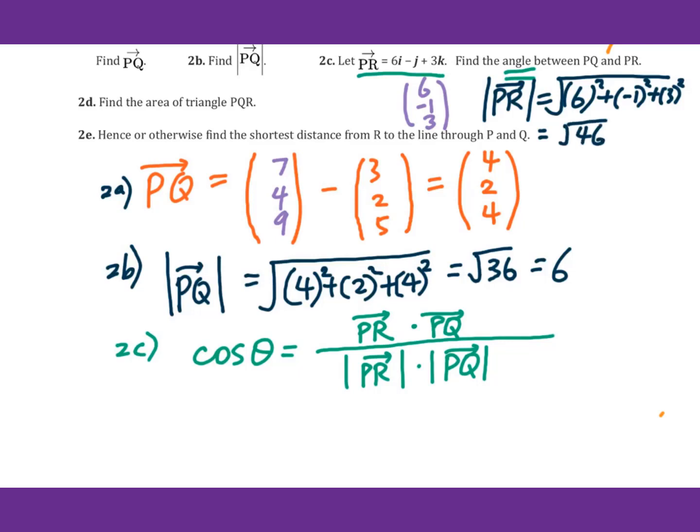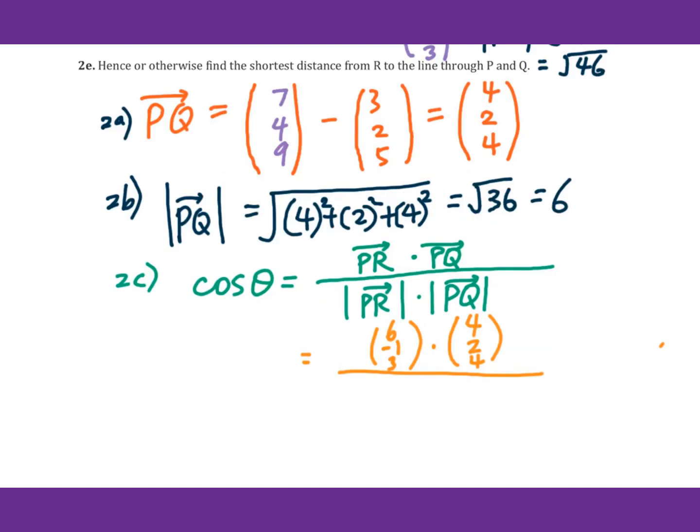Now we plug in. For PR, we have 6, -1, 3 times PQ, which is 4, 2, 4. Then we have 6 times the square root of 46.